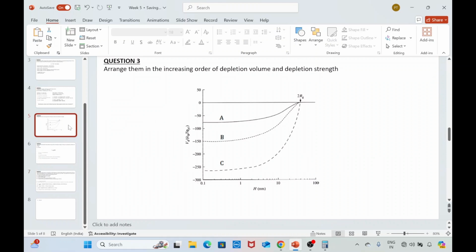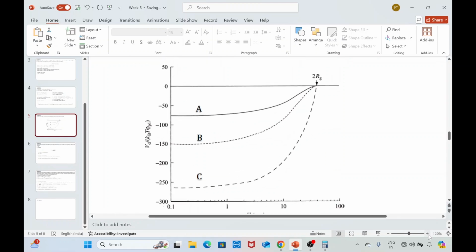So here you have a few terms like H, Rg, and then Vd by kBT times phi p.